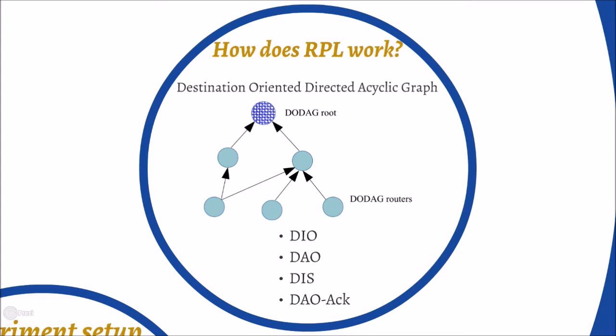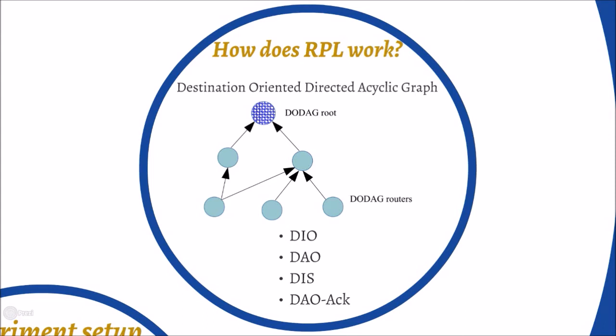The first one is the DIO, or DODAG Information Object. It keeps the rank of the node, so in which level it actually is. So for example, if you take the root as 0, then the nodes below it would be 1, and the nodes below that would be 2. The rank of the DIO is used to determine the distance of each node to the root based on specific metrics.